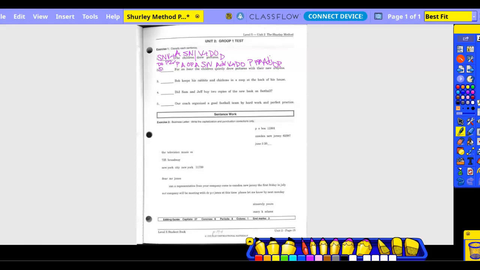Pattern: subject, noun, verb, transitive, direct object, pattern to check. For an hour. With their new crayons. Period. Go back to the verb. Divide the complete subject from the complete predicate. Well, technically, it would actually go between quietly and drew, right?